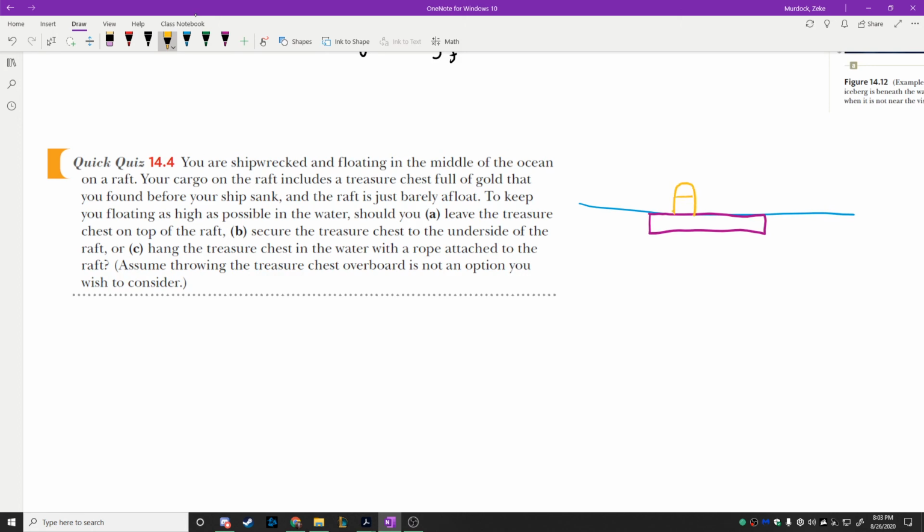So what do you do with this treasure chest? And then you're here too. Do you leave it on top and just hope that the water doesn't cause you to sink? A big wave comes over and gets pushed down. Do you tie it to the bottom, or do you put it on a string on the bottom? What do you guys think?